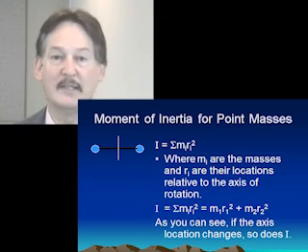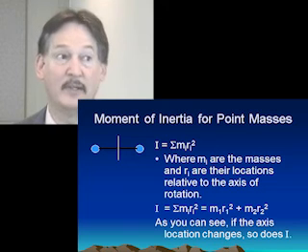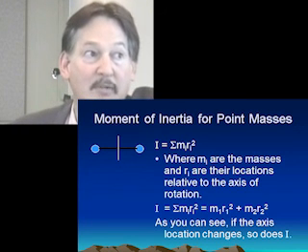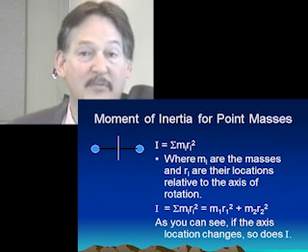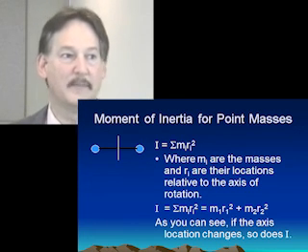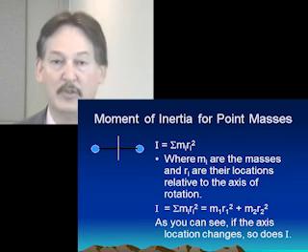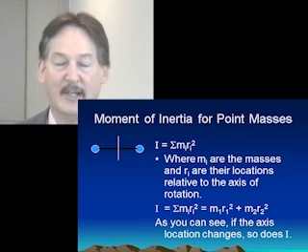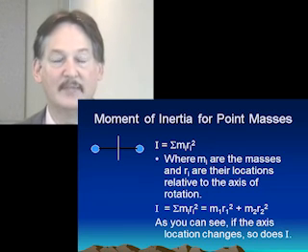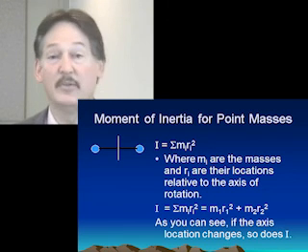So mi stands for each mass, m1 for mass 1, located at r1, which we square in our definition of moment of inertia, plus the second term m2 r2 squared. As you can see, if the axis of rotation moves, then the values of r1 and r2 change, and therefore the calculation of I changes as well.